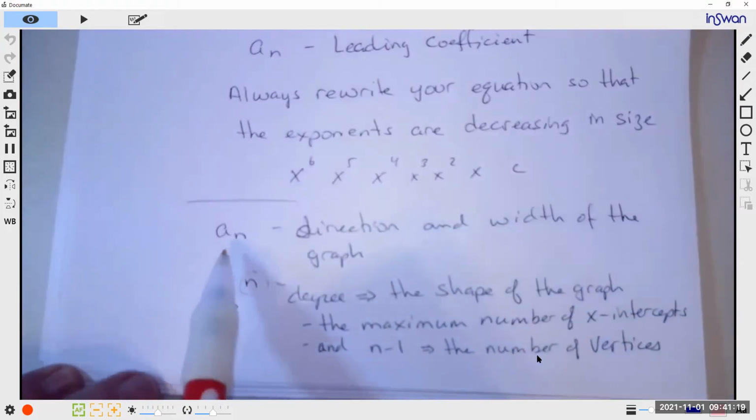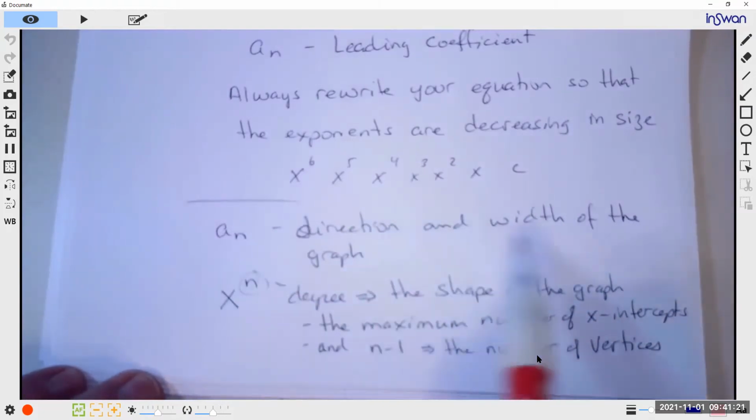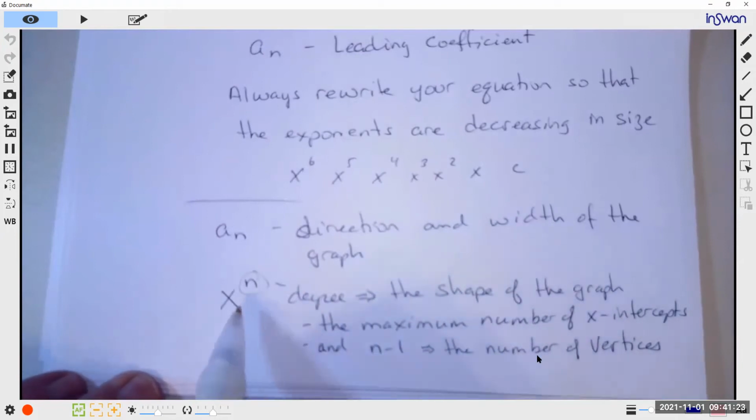So the leading coefficient tells us the direction and the width. And the degree tells us the shape of the graph. I'm going to give some examples in a second. And it tells us the maximum number of x-intercepts. And n minus 1 tells us the number of vertices.